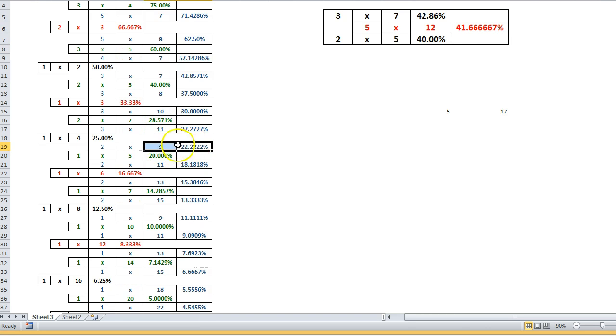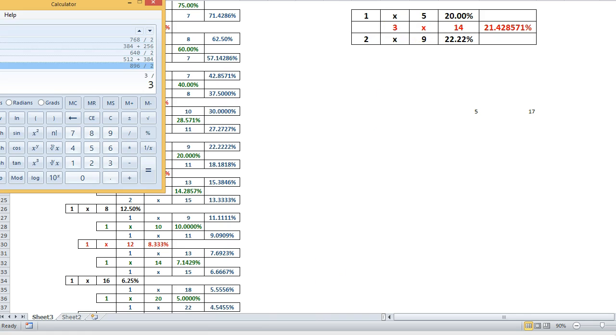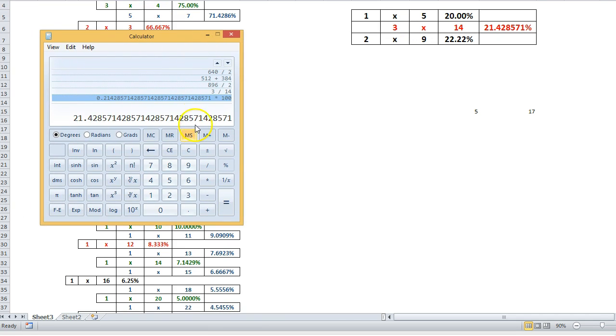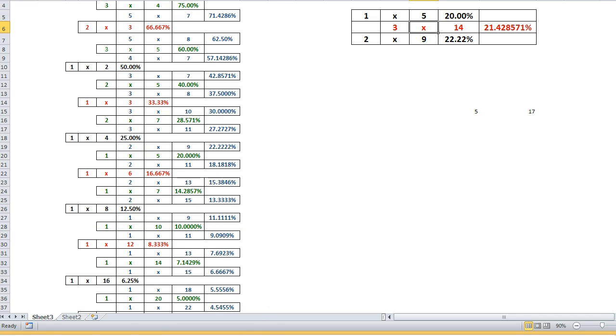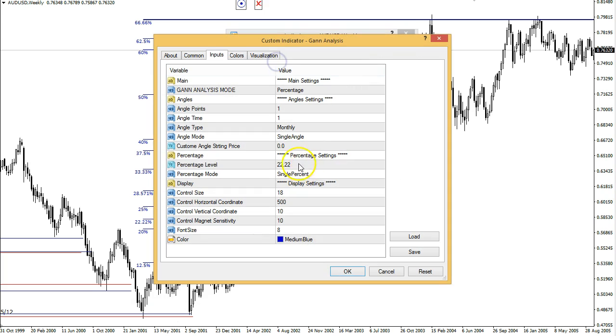So 2 by 9 is 22.22, and the 20% is 1 by 5. So the halfway is 3 by 14. So 3 divided by 14 multiplied by 100, you get 21.28471.